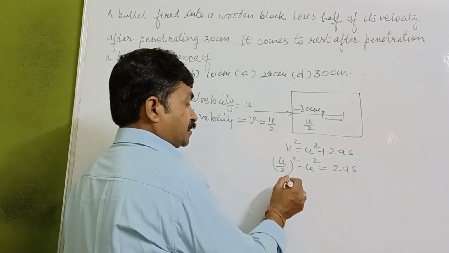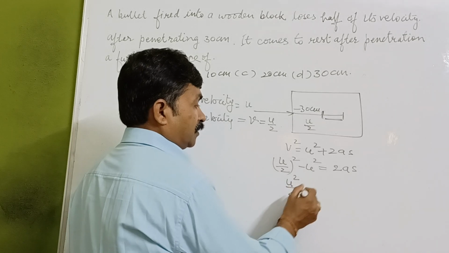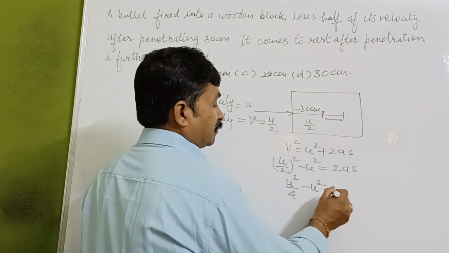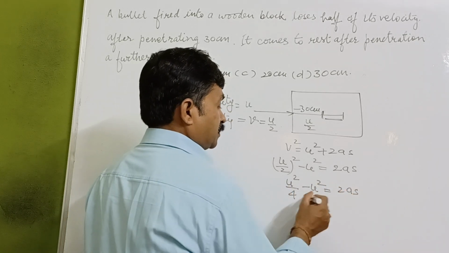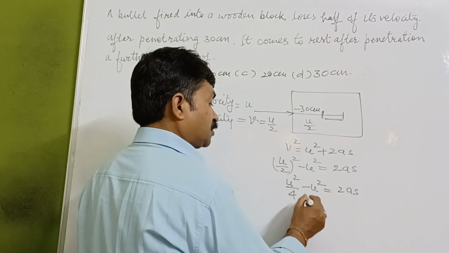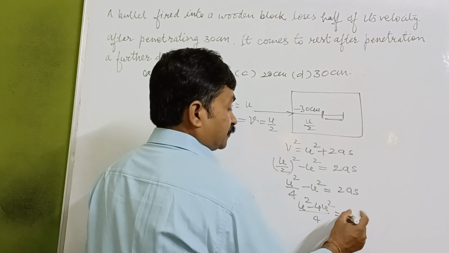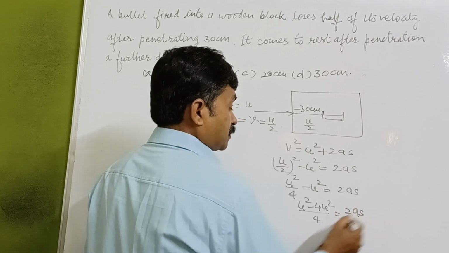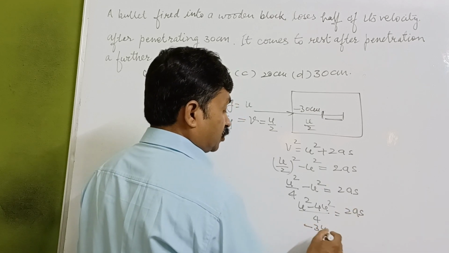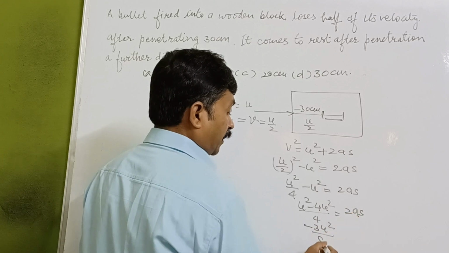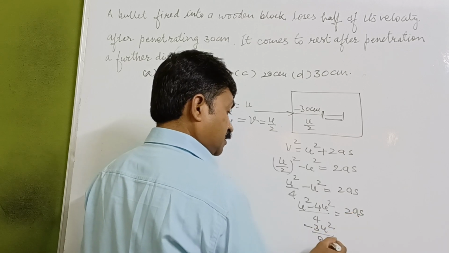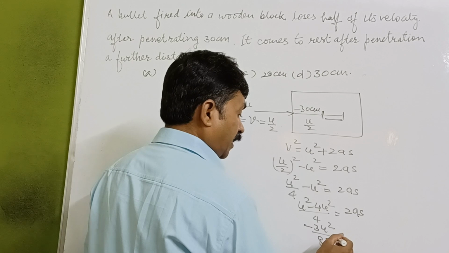So it is u square by 4 minus u square, which is equal to 2as, and if we go with this, u square minus 4u square upon 4 is equal to 2as. So here we have 3u square upon 8s, which is equal to a.